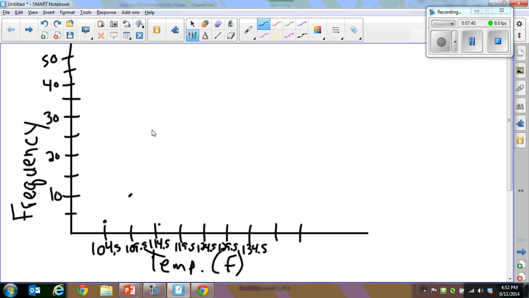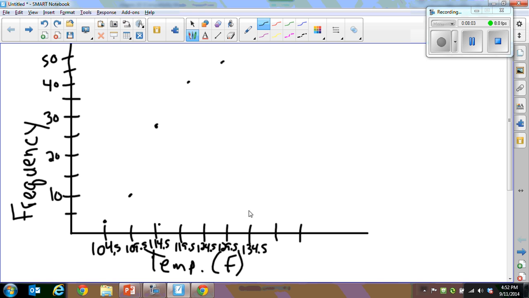There were another 18, so we're sitting at 28. How many were at or below 119.5? That was 41. How many were at or below 124.5? That was 48.